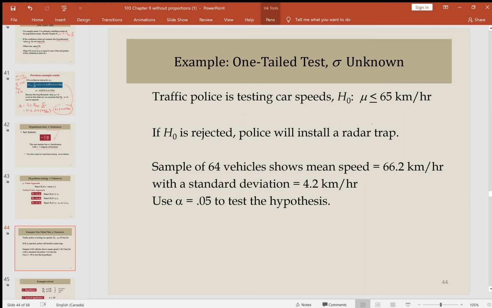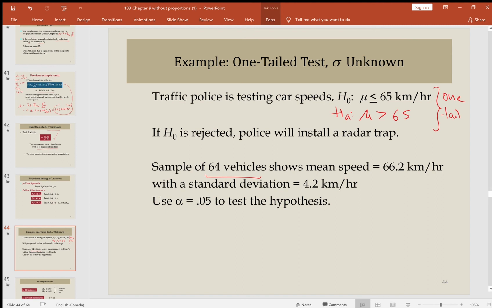So the alternate is mu is more than 65 kilometers per hour, and this is a one-tail test. A sample of 64 vehicles shows mean speed of 66.2 with a standard deviation of 4.2 km per hour. Use alpha 0.05 to test the hypothesis.